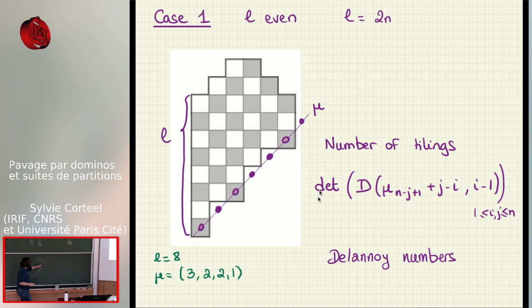You can just slightly generalize this idea where the west, the south, the northwest, and the northeast conditions are the same. But what you have here is when mu is fixed, you decide the southeast boundary with the Maya diagram of the partition mu. Okay. And then you can see that the number of tilings of this general case is a determinant of these Delannoy numbers, where, of course, if mu is just a staircase, you get back the regular Aztec triangle.